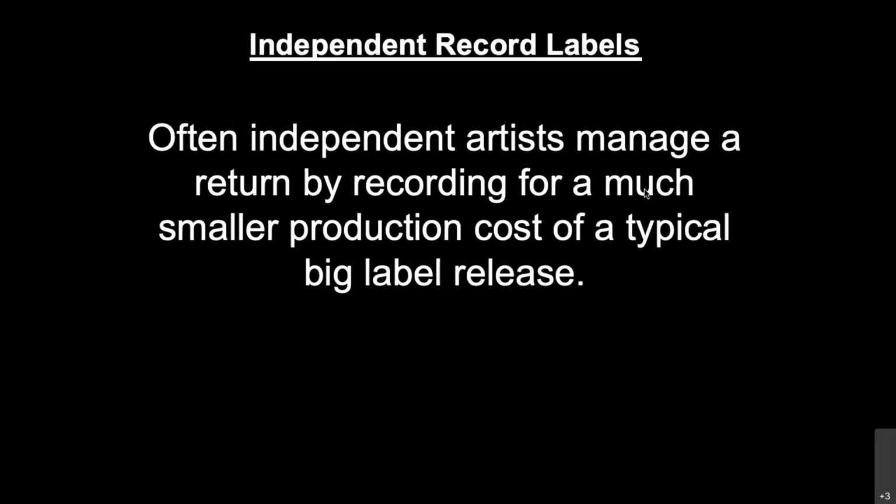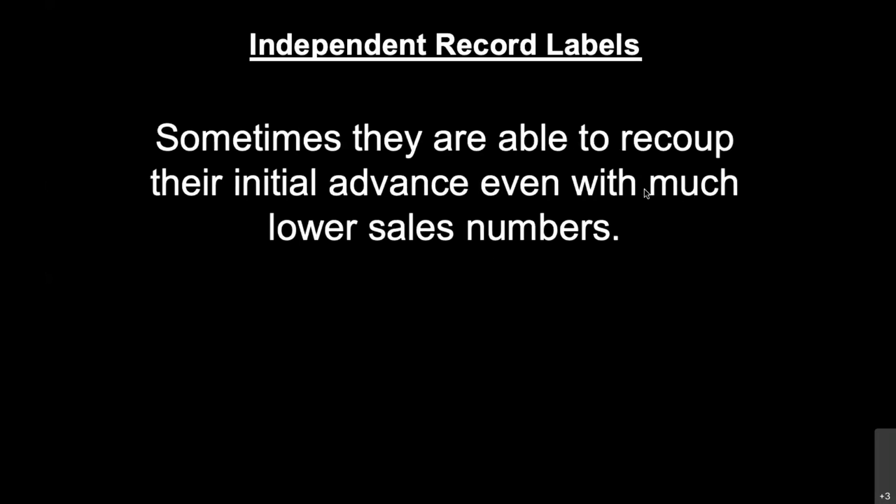You, as a smaller independent label, can start making money much faster because your production costs are much lower. Sometimes they're able to recoup their initial advance even with much lower sales numbers. So you could recoup and start breaking even at a much lower number of sales than the majors because your costs are lower in the first place.